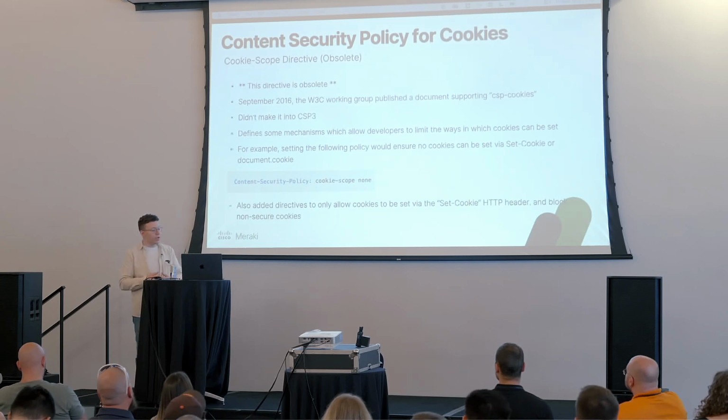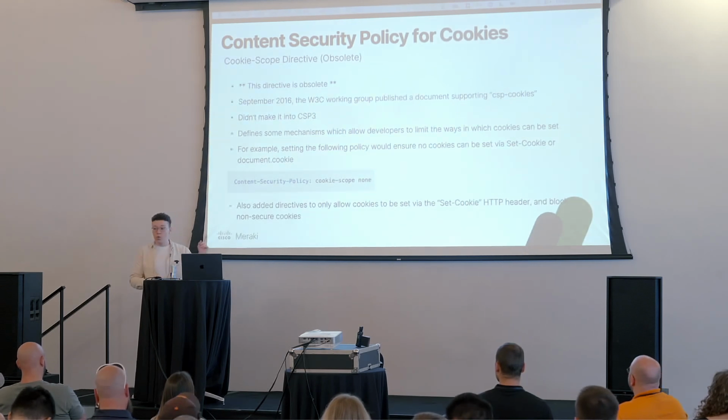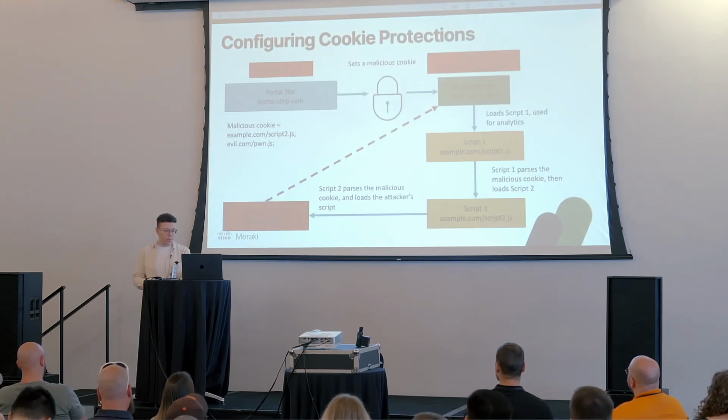And so, for example, if we set the content security policy header and we did cookie scope none, this would prevent cookies from being set using the Set-Cookie header or even document.cookie. And this is what we could have used in our example. So also, there's a lot of ifs for this one.